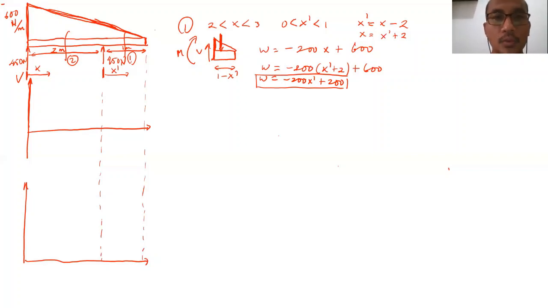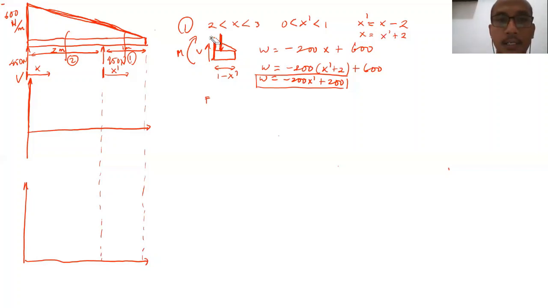The value of the concentrated force in this case is supposed to be the value of W at the left side here multiplied by the length.